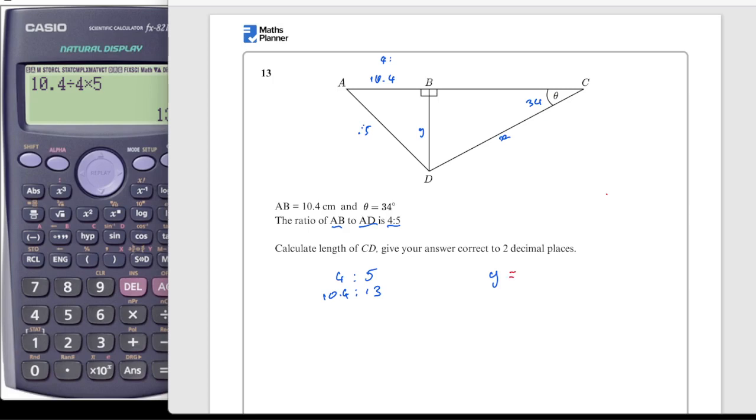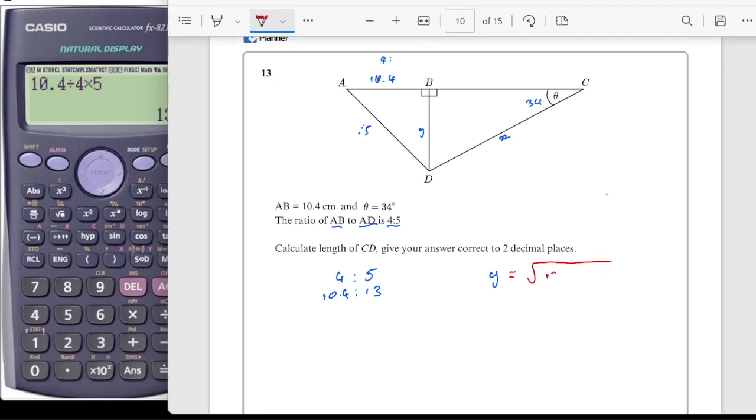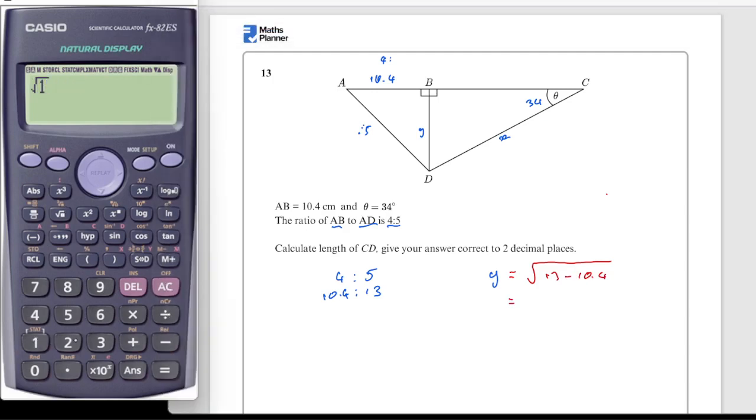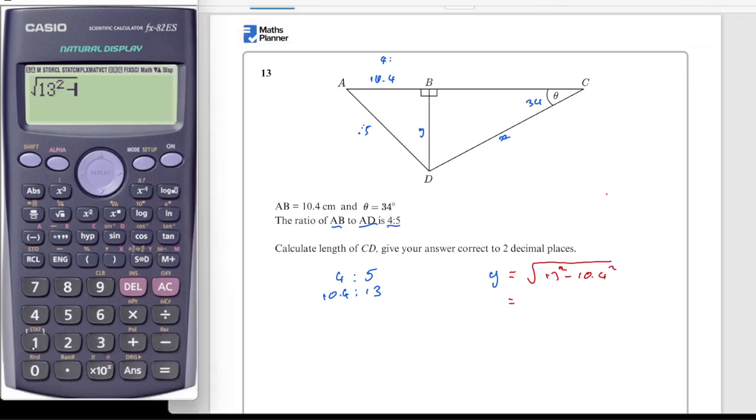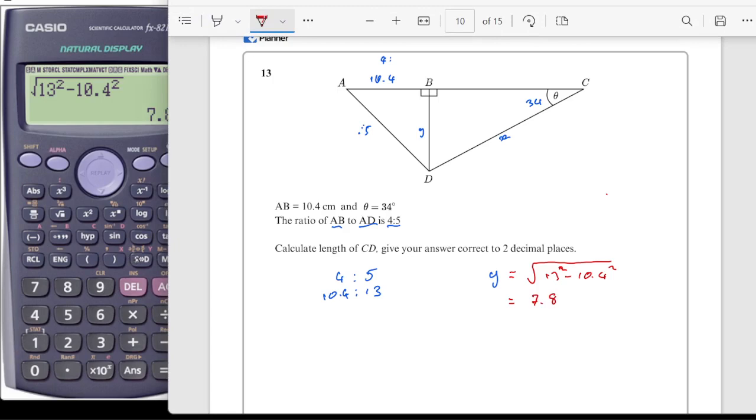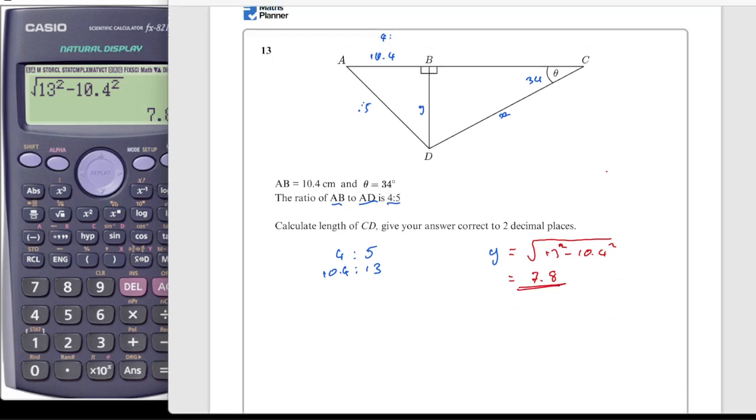So Y is going to be equal to the square root of 13 squared minus 10.4 squared, which, as a decimal, gives me 7.8. Now from there, I'm going to work out X.